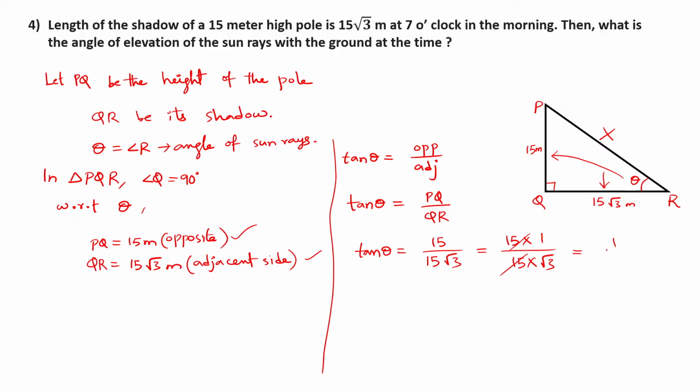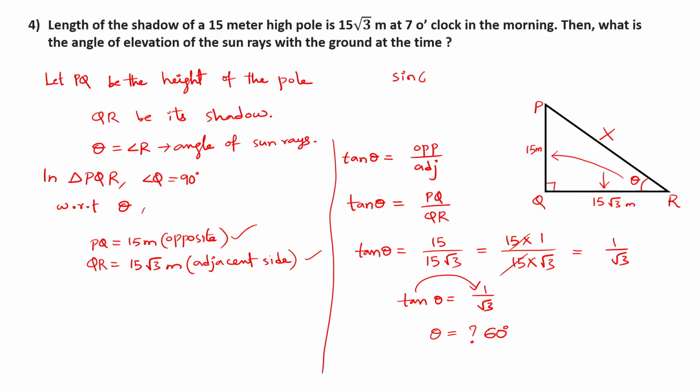What is left? 1 by root 3 is left. So finally we have tan theta is equal to 1 by root 3. For what value of theta does the tan ratio become equal to 1 by root 3? If you check the trigonometric table, it will be exactly 60 degrees. Why? Because you see sine 60.